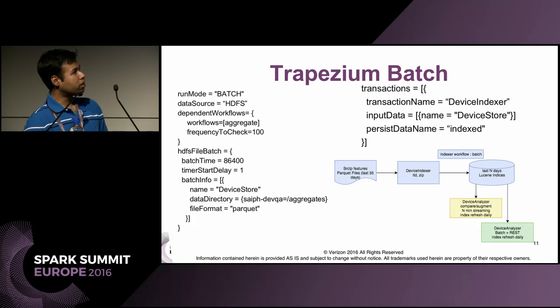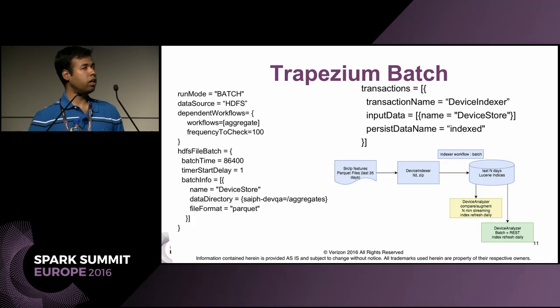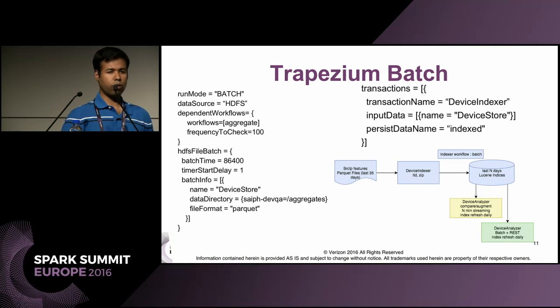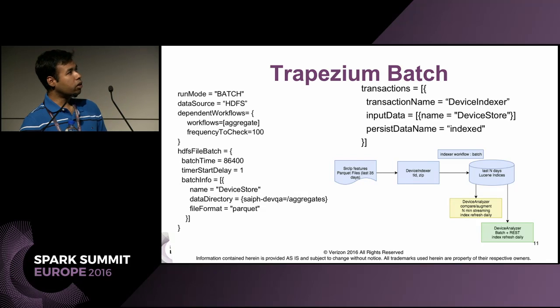So every day, the workflow will be run. The service always stays on. Each day it will run, and this particular indexer workflow will only run if your aggregate workflow on that day has completed. If not, it won't run. Now, your business logic, you write it as transactions.